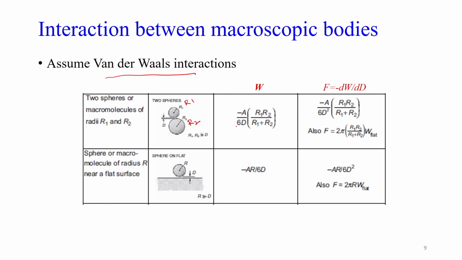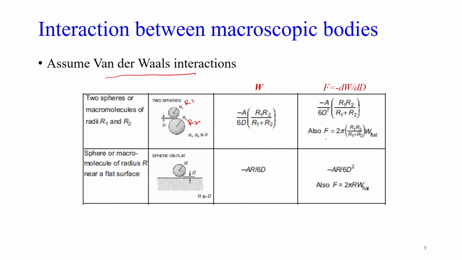In this case, the work of adhesion, or you can say the energy, is defined as minus A upon 6d times r1 into r2 divided by r1 plus r2. Similarly, we can calculate the force as minus A upon 6d square times r1 r2 divided by r1 plus r2.